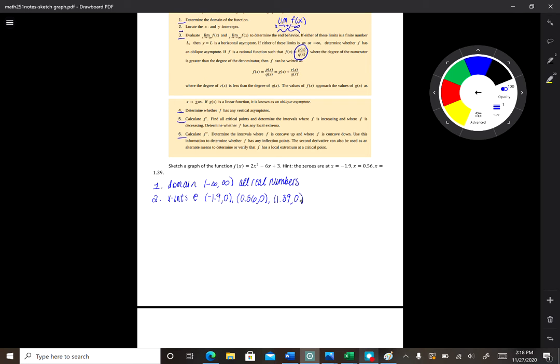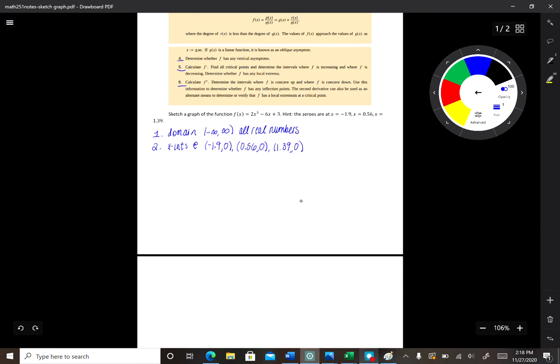Well, the y-intercept is when x is equal to 0. So if I plug 0 into my function, f of 0, this is 2 times 0 cubed minus 6 times 0 plus 3. This gives us the point (0, 3). So these are my x-intercepts, and I just have the one y-intercept. All right, that is step number 2.